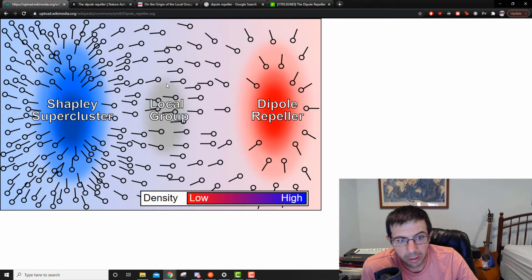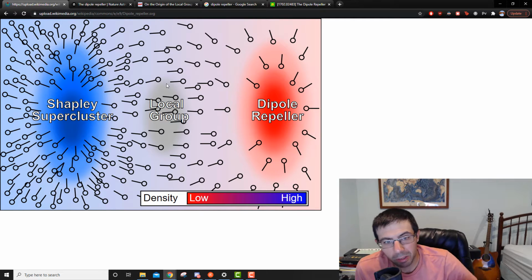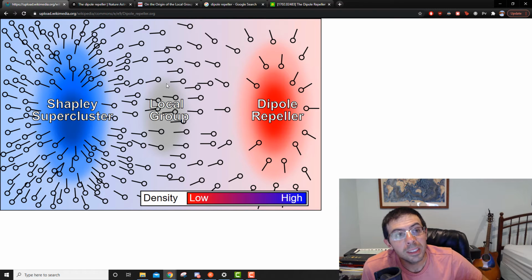We don't see repulsion like this. So it's a new thing, at least on this scale. We've definitely seen it countless times, but we don't realize we've seen it. We've seen it on a small scale, like the electron scale, really small. But on a large scale like this, we haven't seen it.